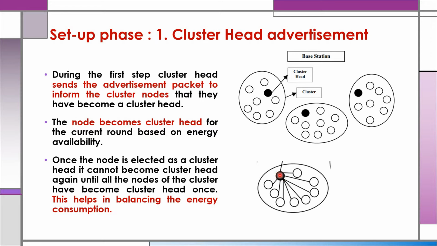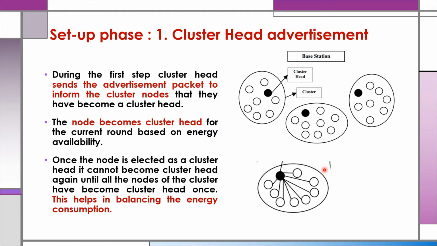So while performing the next round of operation, this cluster head has to send an advertisement message to nominate the new cluster head. This advertisement message will be communicated to the nearby nodes. The nearby nodes will give a response towards this corresponding cluster head. The cluster head will receive the information, then it will nominate the next round cluster head.